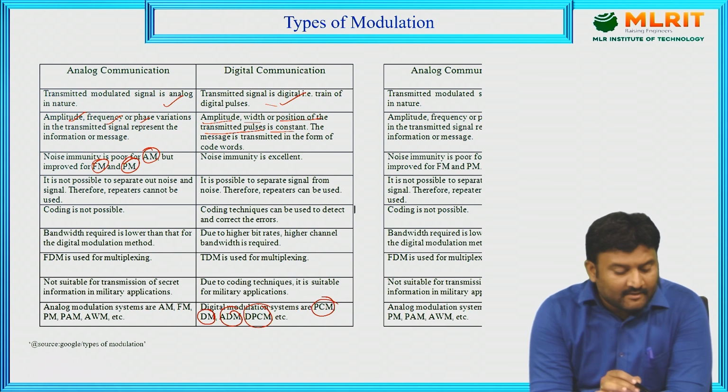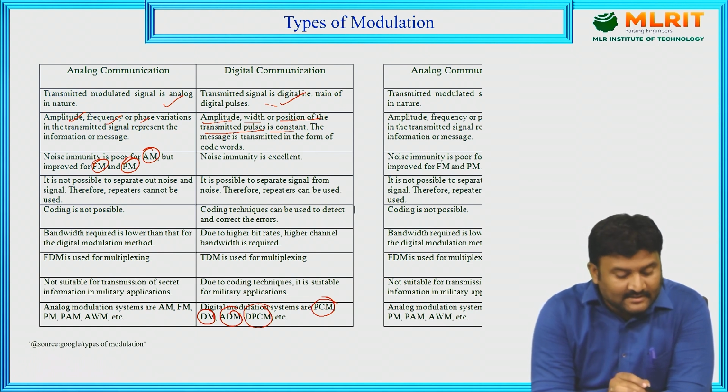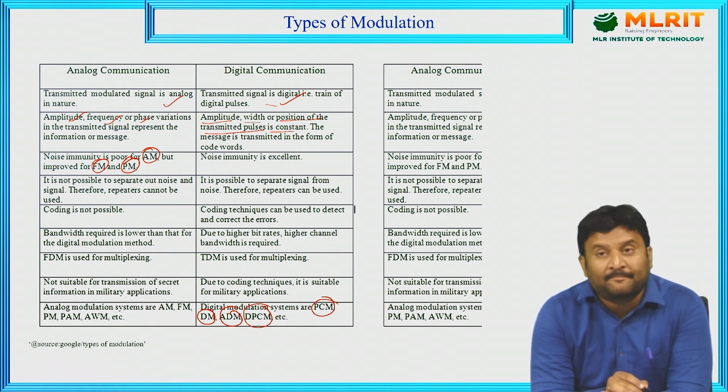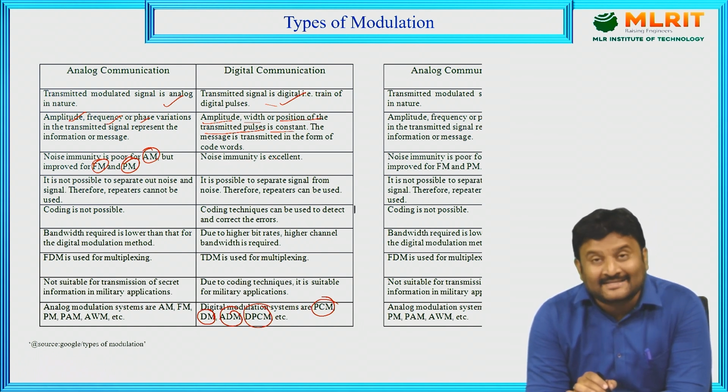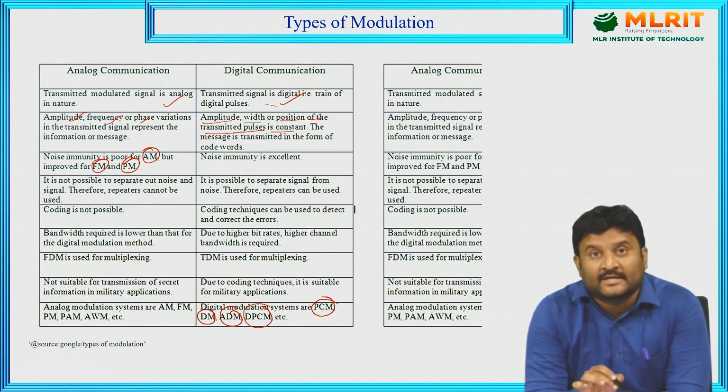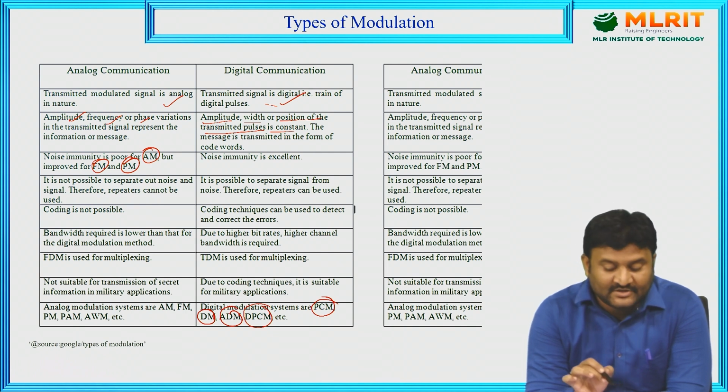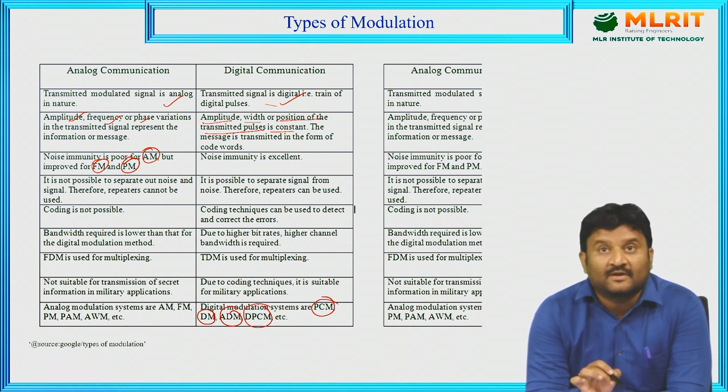But once we observe the noise levels, the noise immunity is poor for AM but improved for FM and PM techniques. By following some probability mechanisms, we reduce the noise. The noise immunity is excellent in digital modulation techniques. We have different coding techniques, so we reduce the error, and the efficiency is higher in digital modulation.